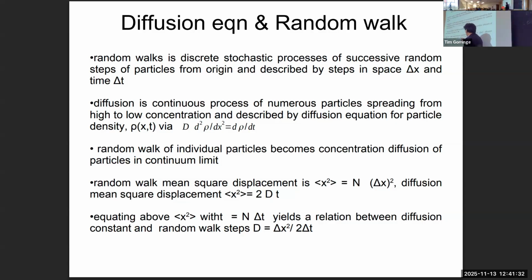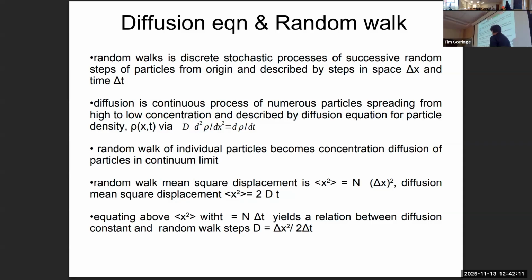When you think of them through the diffusion equation, the result is that the root mean square of the diffusing particles is equal to 2 times the diffusion constant and the length of time that we've been watching the diffusion for. So we could equate these two equations and find the relationship between the diffusion constant, this quantity that describes macroscopically how the particles diffuse from a location, and the individual steps in space and time that the particles are taking.